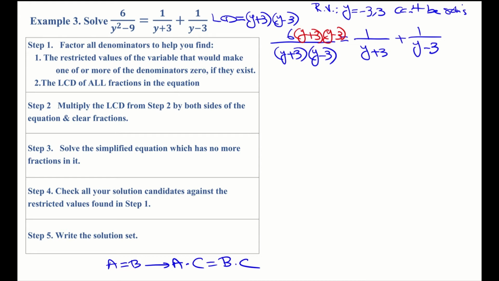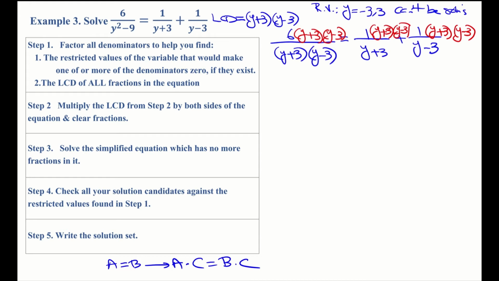An expression, by definition, only has one side, right? So on the right side of the equation, we do the same thing. We multiply the LCD by each term. Like so.